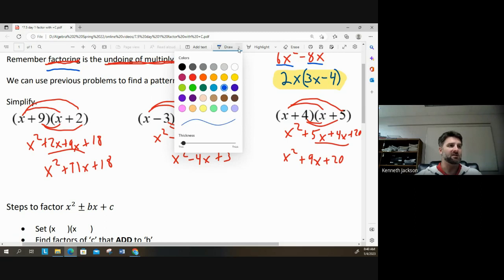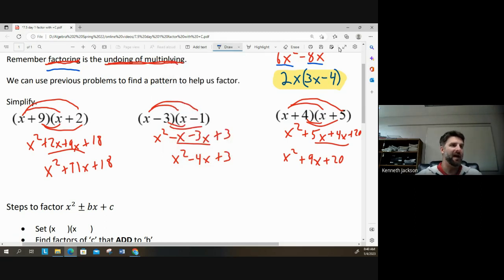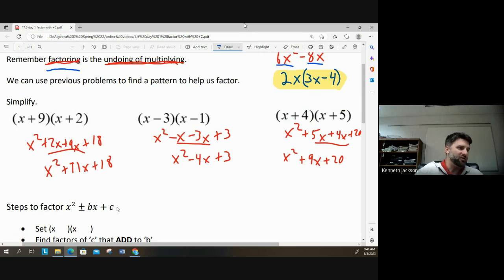What we're interested in is looking to see if we can find a pattern happening in all of these answers and how they relate back up to the problem that we're given. Because what we're trying to do is not multiply, but get from our answer here back to its factored form.